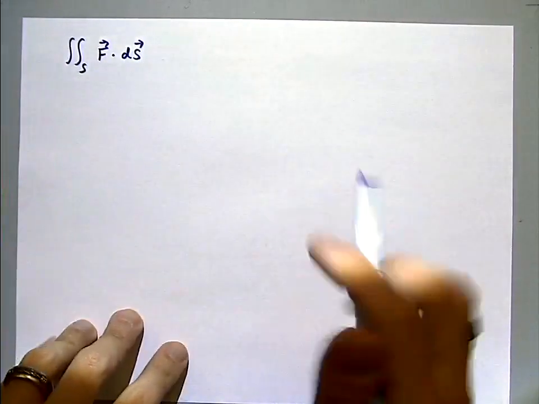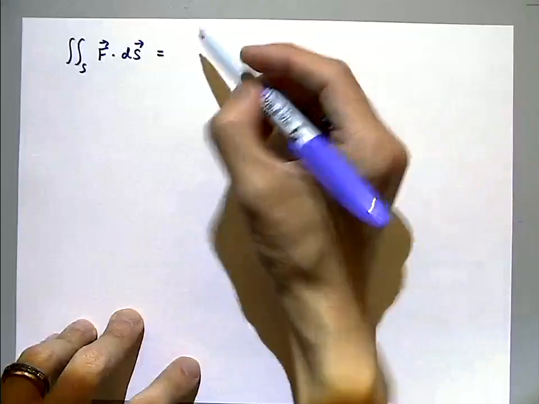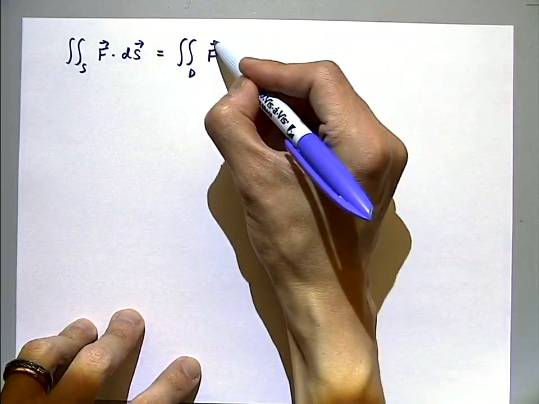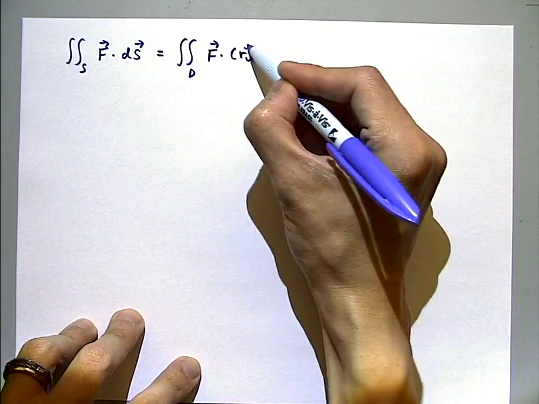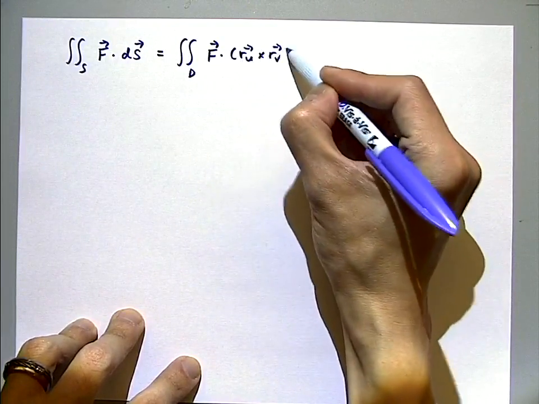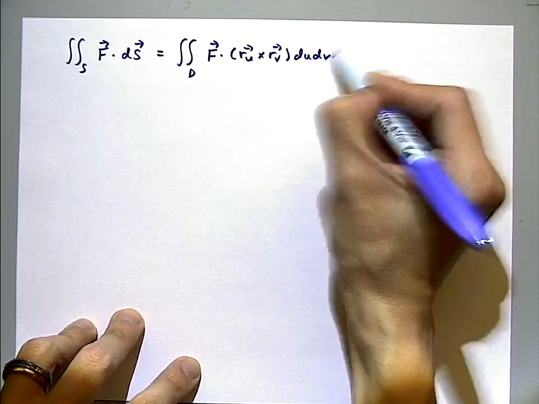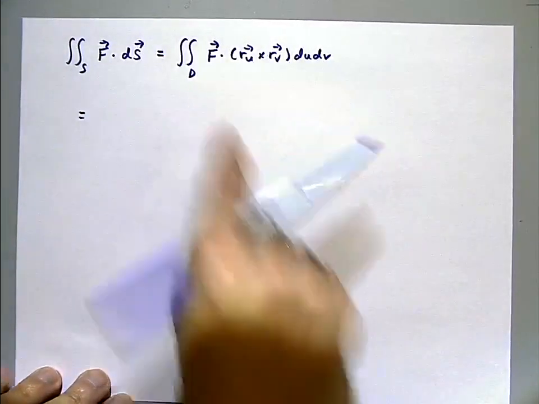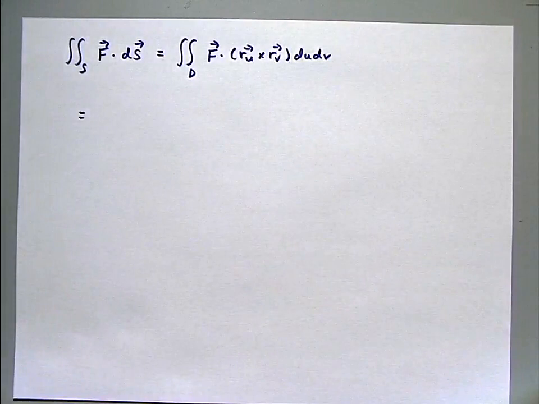Remember, at the end of the page I just took away, this ends up being a double integral of F dotted with RU cross RV du dv. And we integrate as usual over the domain of u and v.